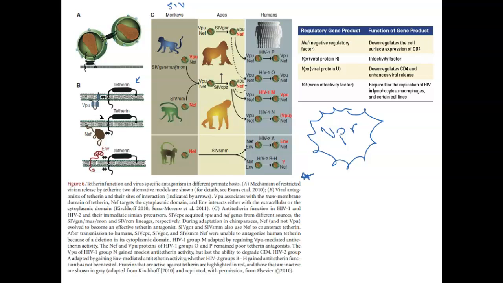So VPR does a lot of things for the virus. The last one I'm going to mention here is the virion infectivity factor, or VIF. So we mentioned that NEF and VPU are important for antagonizing tetherin, which is a host defense mechanism. So VIF is also responsible for antagonizing a host defense mechanism.